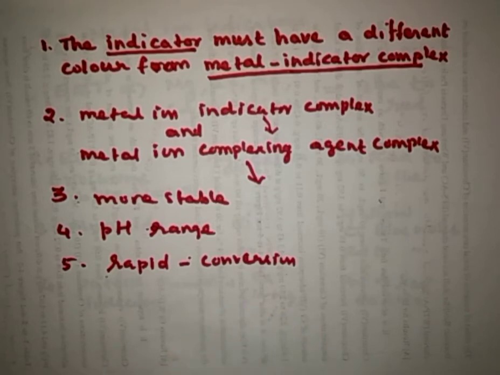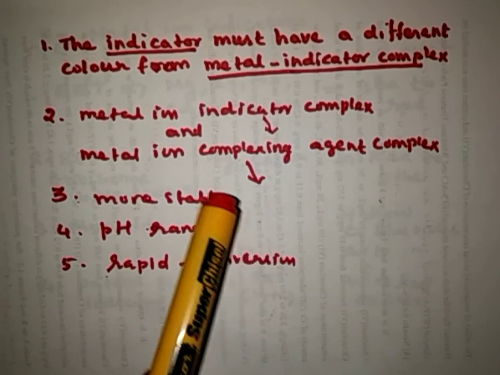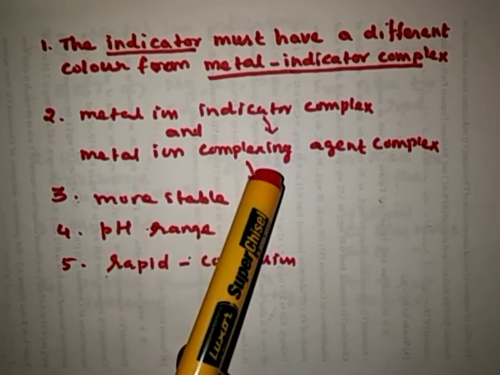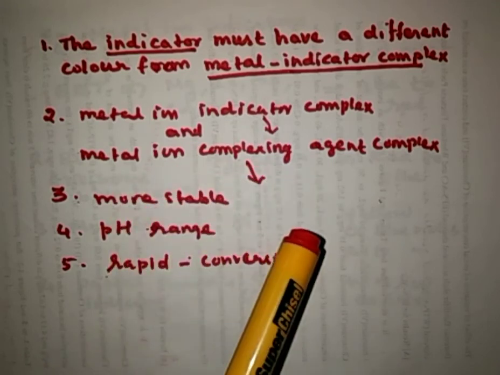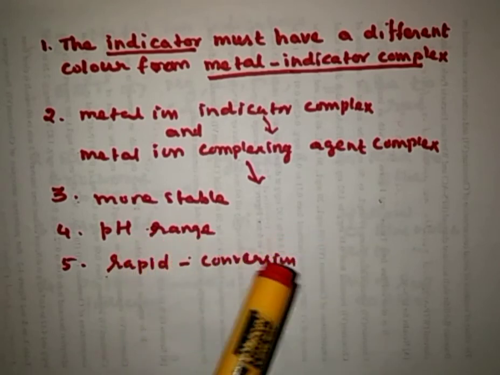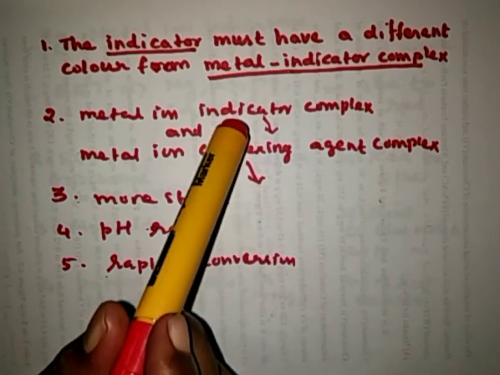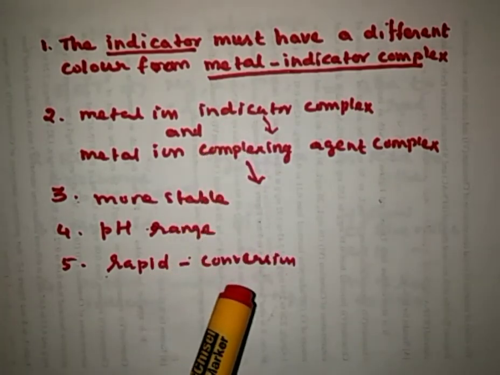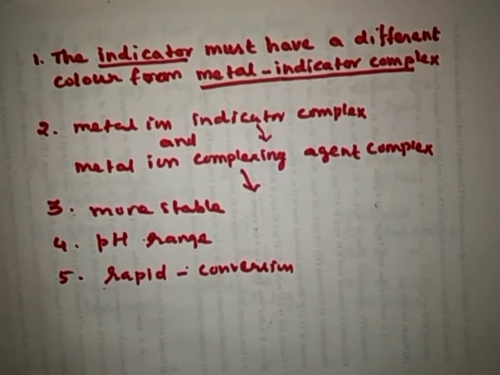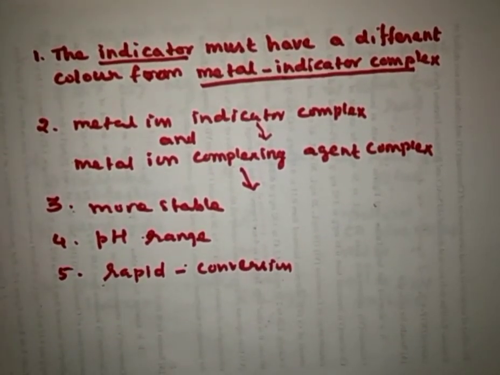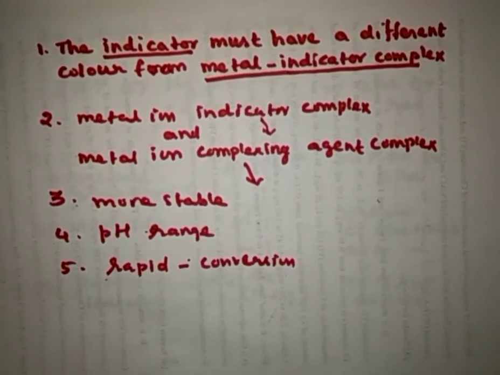The metal ion complex with the complexing agent must be more stable, and the conversion should occur in a particular pH range and should be rapid. Only if it follows these conditions can we use these indicators to estimate the particular metal ion using complexometric titration.